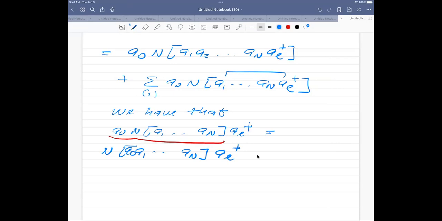Let's now look at the next term, the sum over all possible contractions. What I would have then is A of n of A1 up to AN, and then I have my AL, and this is contracted with the final one, which would be the creation operator.